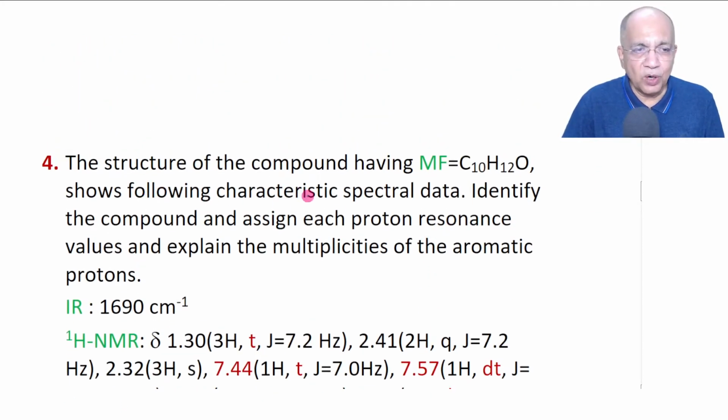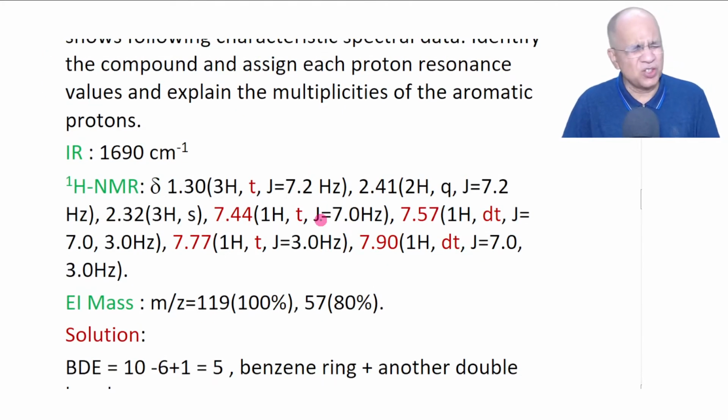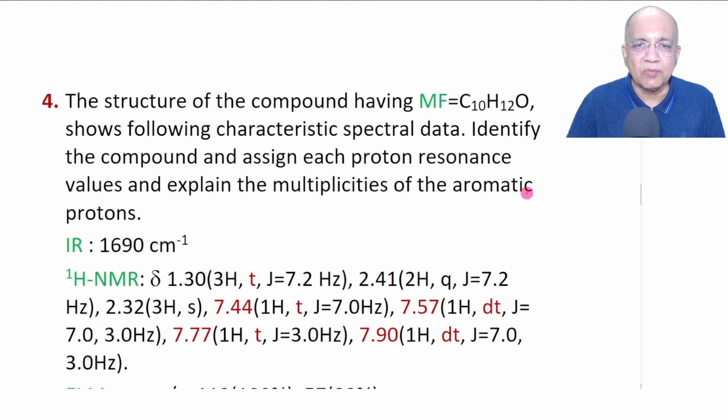Now the fourth one is I have just converted the question into a determination of structure. This same question has been taken from either NET or GATE previous years, maybe last 5 to 7 years. I was browsing through and I got this.